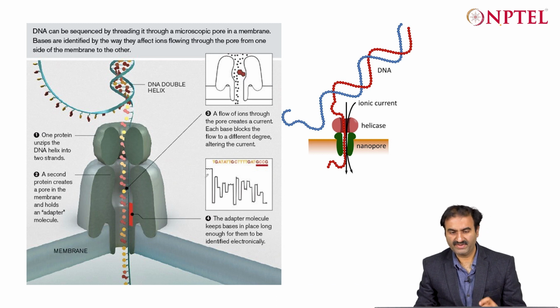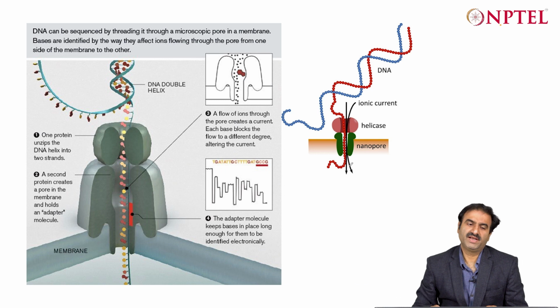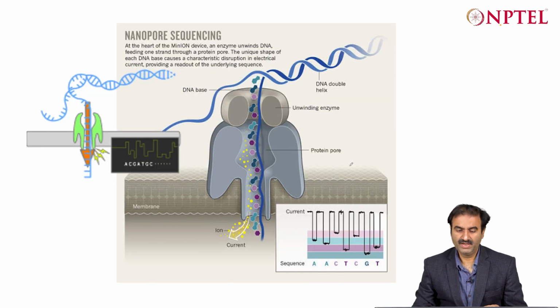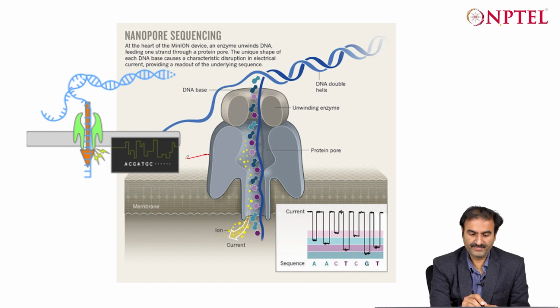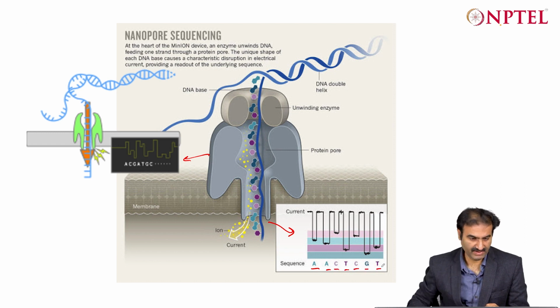As I mentioned, single stranded DNA passes through this pore and blocks the ion current. That blockage leads to a disruption in the measured current, which tells which nucleotide has recently passed through. The current is read and translated into which nucleotide has passed through.